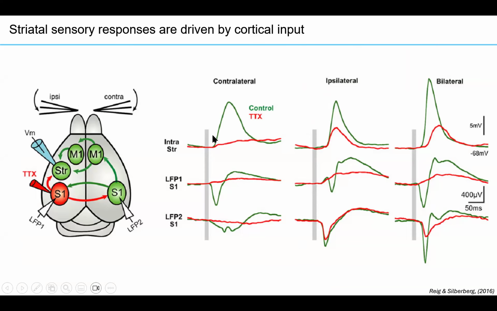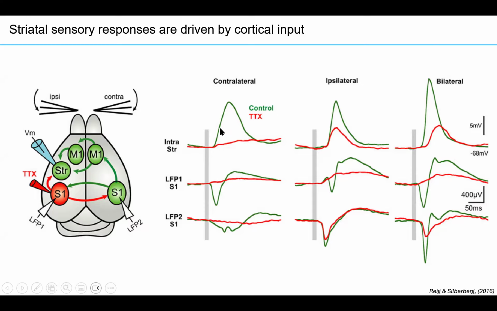What we can see here is responses to contralateral, ipsilateral, or bilateral whisker stimulation, and using different types of silencing via TTX, we could show that the main source for the sensory responses in striatal neurons is the ipsilateral cortex. So the direct projection from the somatosensory cortex in the ipsilateral hemisphere.